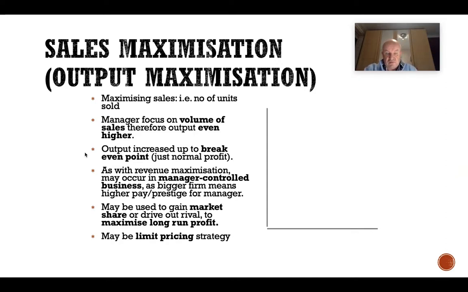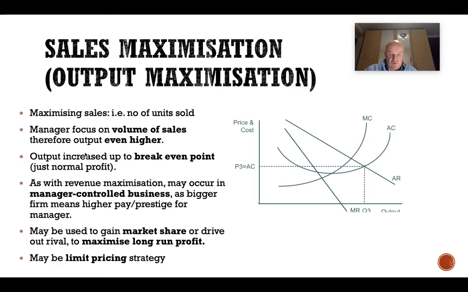So effectively we want to sell as many units as possible and get a strong market position, maybe even a market-leading share, and the way in which we would demonstrate that graphically would be as follows.